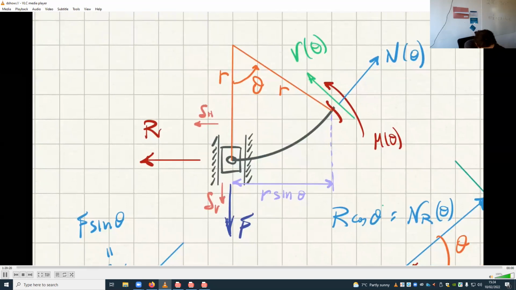How much is this distance here? This distance here. How much is this distance?